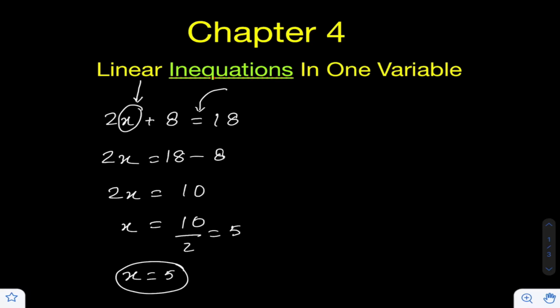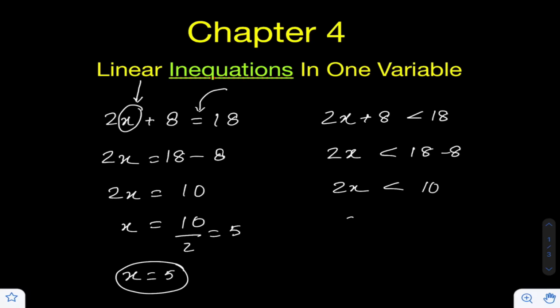Now if I take the same example in inequality, 2x plus 8 less than 18. In the same way we have to solve. 2x is less than 18 minus 8, 2x less than 10, and x is less than 10 upon 2, or you can say x is less than 5.